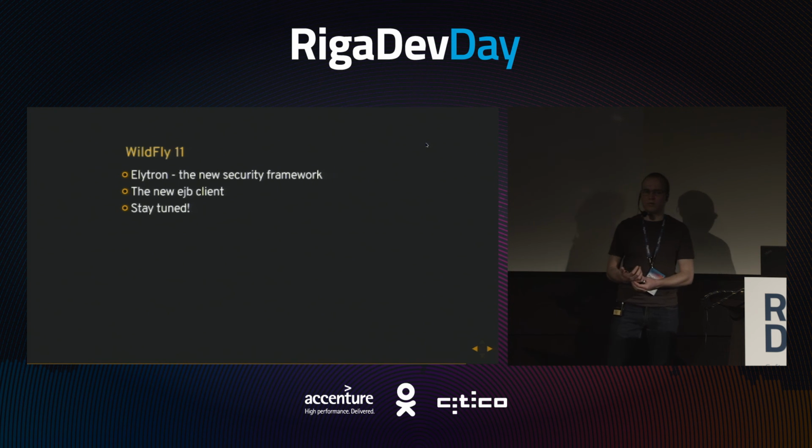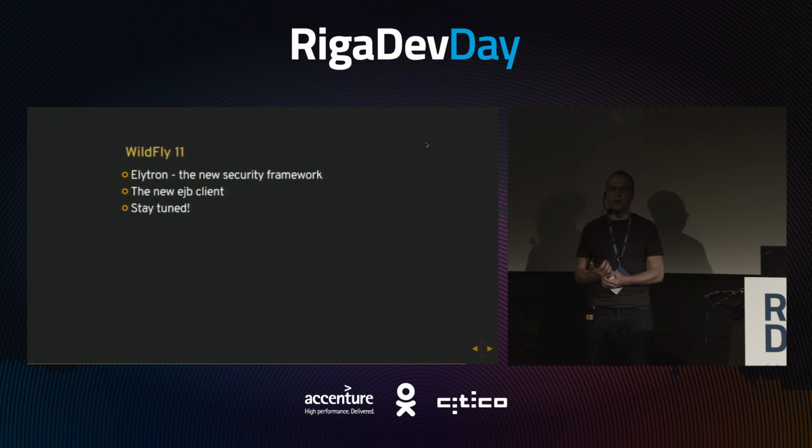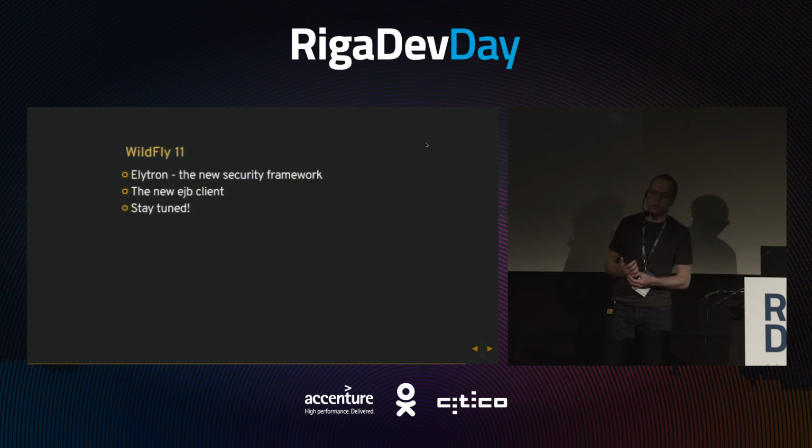Another interesting thing that we're working on, a big thing, is the new EJB client. Currently, if you are configuring remote EJBs, you have to specify a lot of stuff directly. We are working on automatic bean discovery, which will be pluggable.